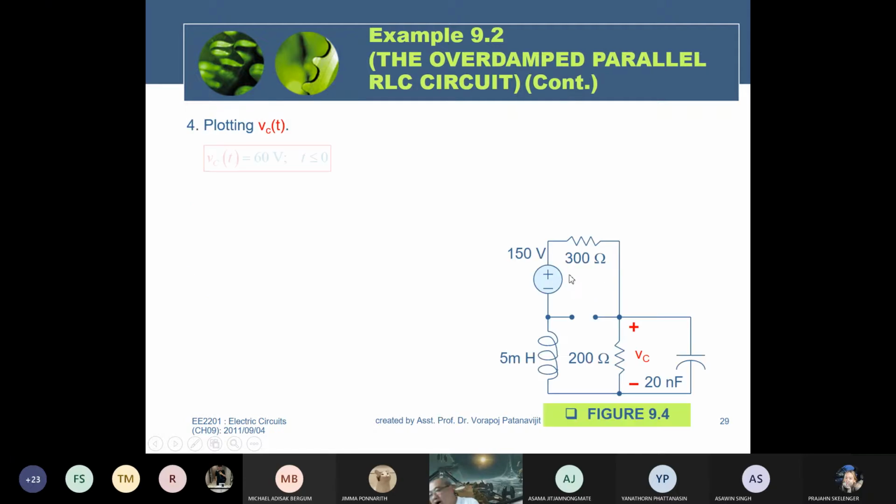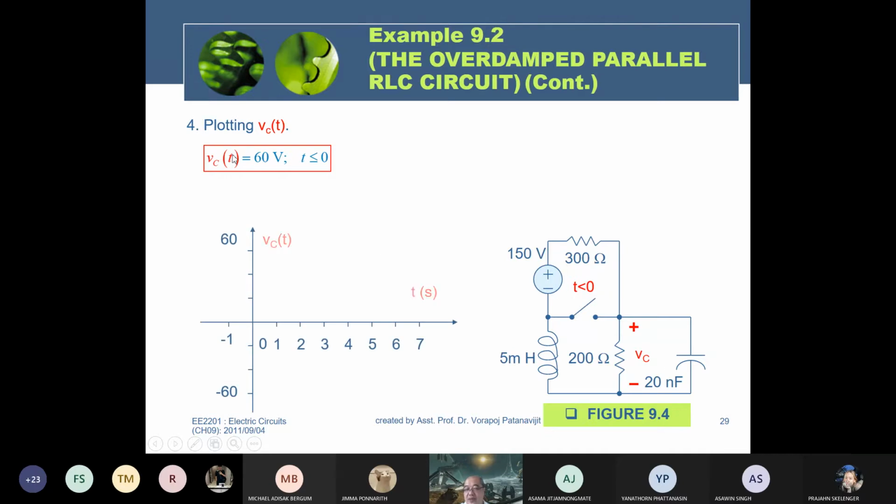In the overall polynomial, what happened? For time less than 0, the source is still driving the circuit for a long time. Therefore, the inductor performs like a short circuit and the capacitor performs like an open circuit. For time less than 0, VC is 0.